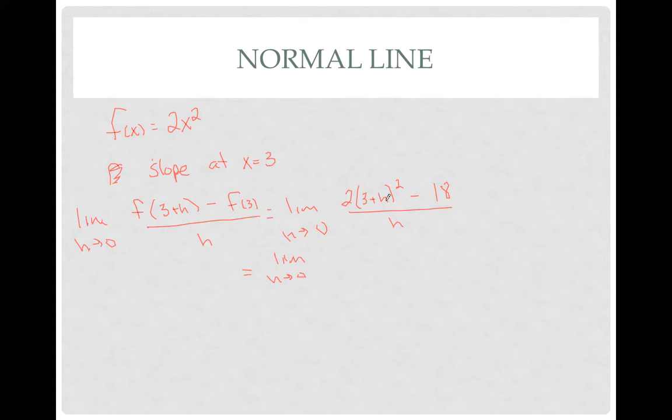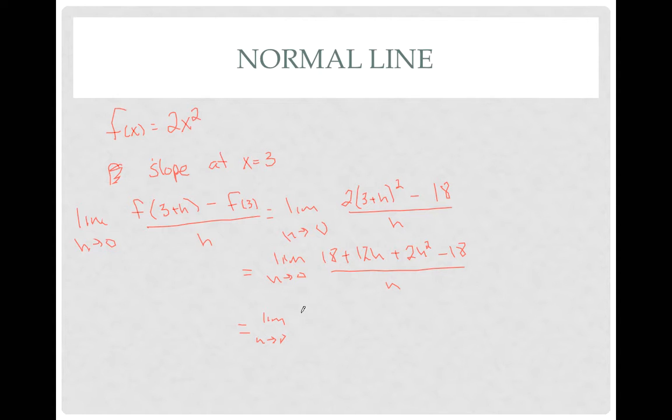3 plus h squared is 9 times 2 is 18, plus 6h times 2 is 12h, plus h squared times 2 is 2h squared, minus 18, all over h. You notice h can't be 0, but we're talking about the limit, which means we can do some canceling.